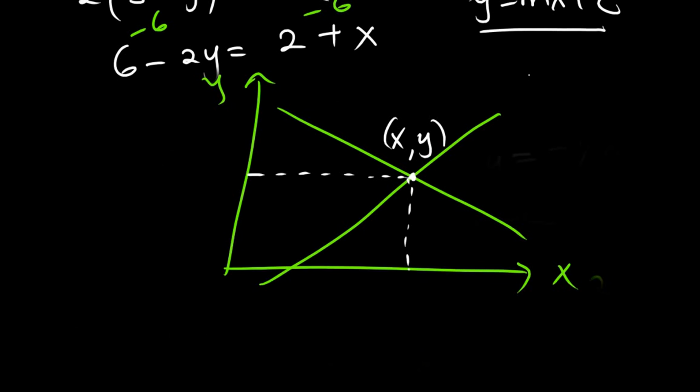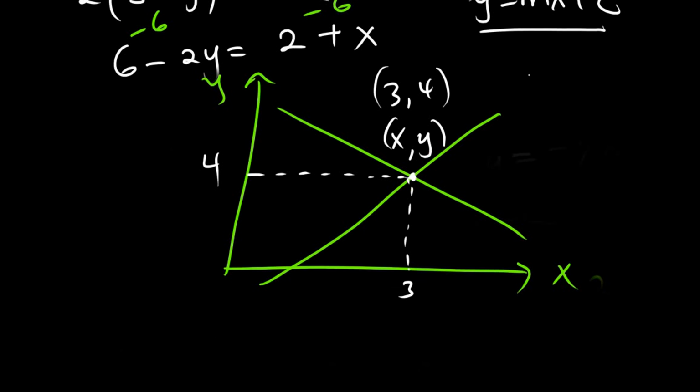This means that the value of y at this point for one line is the same as the value of y for the other line, and the same for x. If this is 3 and this is 4, this point would be (3, 4), and it would be shared by these two lines. So I believe you're getting the idea.